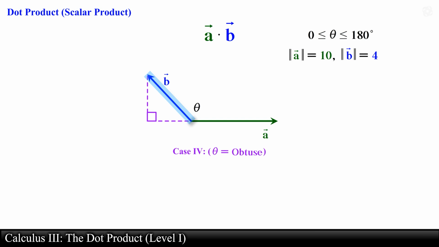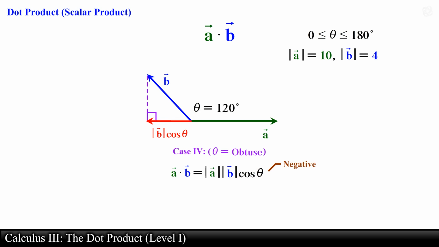In this case, some of vector b is projected onto the negative of vector a. Also, the product between the magnitudes will be the same, since magnitudes are always positive. But the angle is obtuse, meaning that cosine of theta will be negative. For example, if theta equals 120 degrees, a dot b will be equal to negative 20.